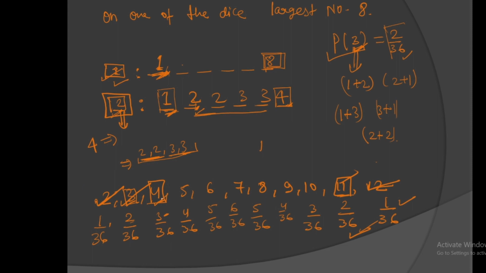For the sum to be 4, here we have the number 3 and here the number 3. So this pair is marking 1 and this pair is marking 1. So we have already got 2 pairs, right?